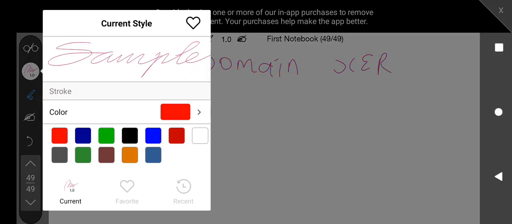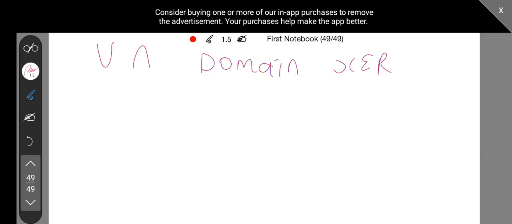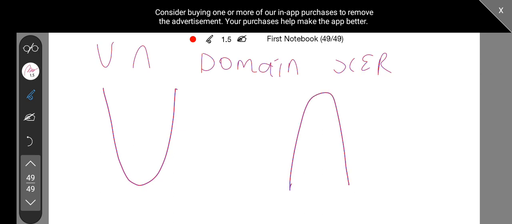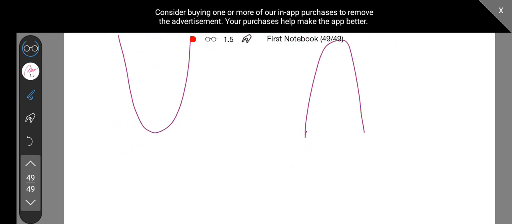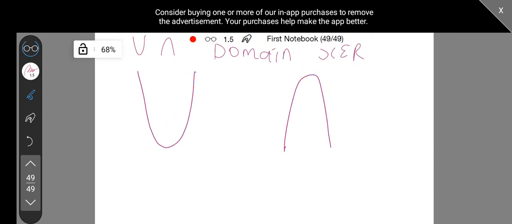What we're going to do here is draw the two graphs. Let's draw a graph of this kind and the graph of this kind. Our main focus of this lesson is the domain and the range, but now we're going to talk about the range. We said that the domain is always x is an element of real numbers.